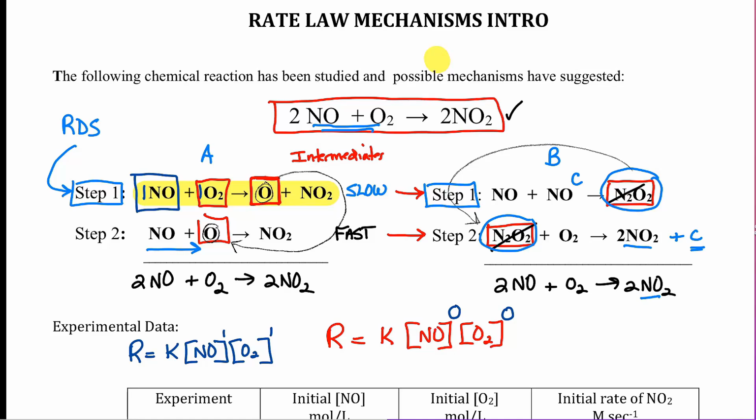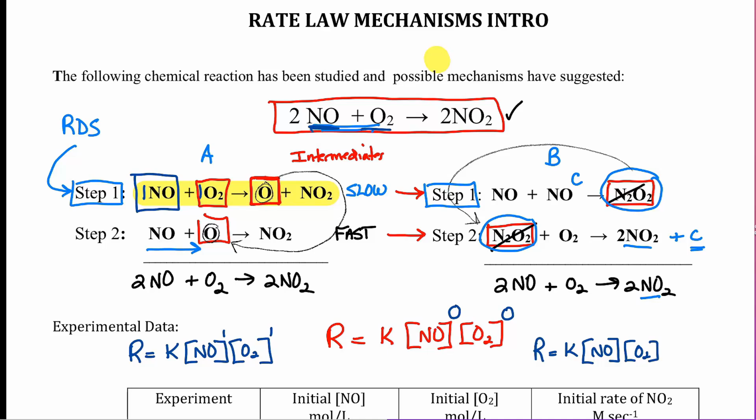In any case, if you don't, it's just easy to understand very simply that if you have a single step and you only have that in a mechanism, the coefficients are the orders. Okay, so moving on to the other rate, same idea: R is equal to K, a rate law constant, times NO and O2, and by the way, I'm just starting with the reactants of the overall.